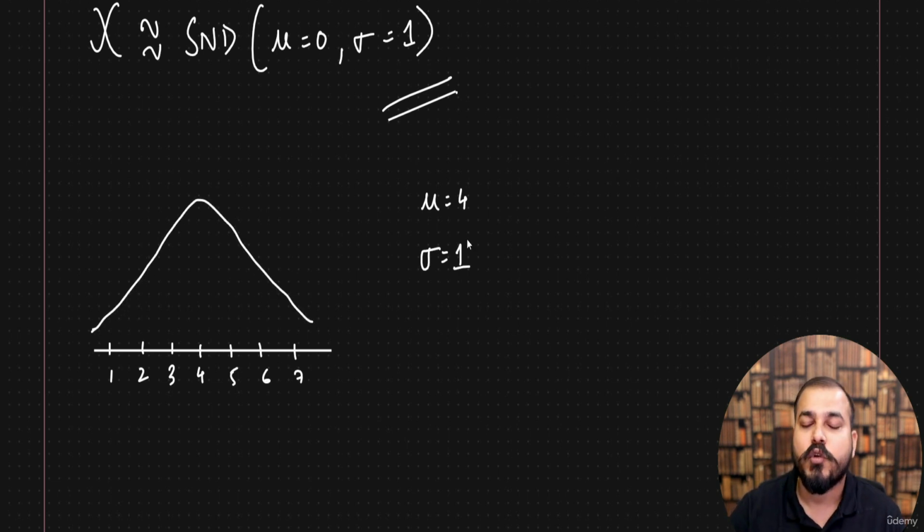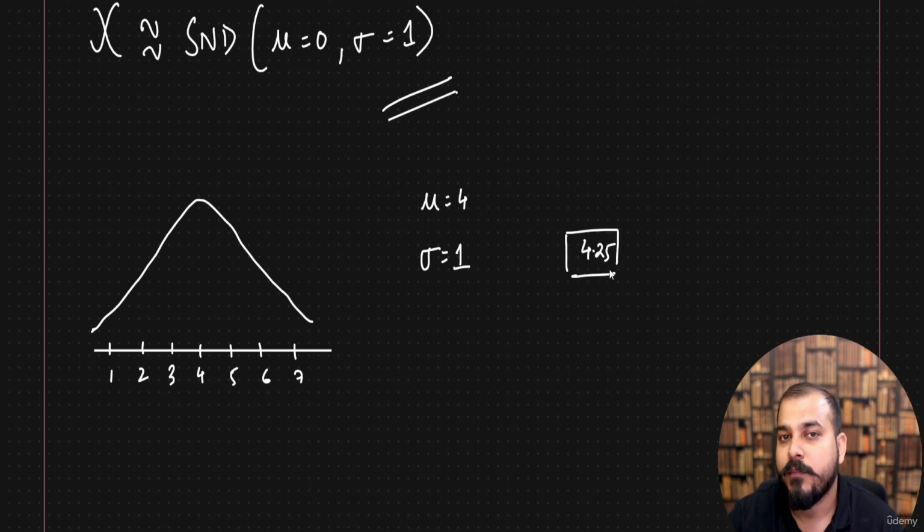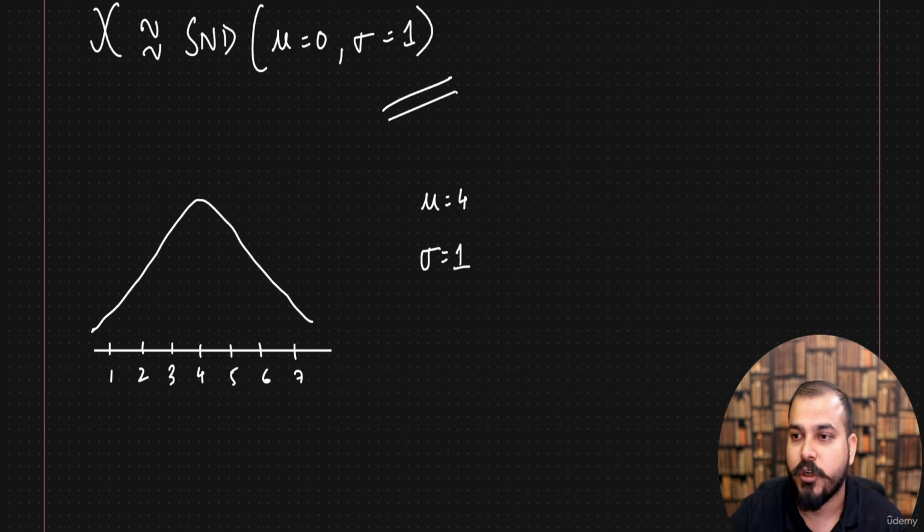Now in this question, let's say I have a question over here. My question is, how many standard deviations is 4.25 away from the mean?